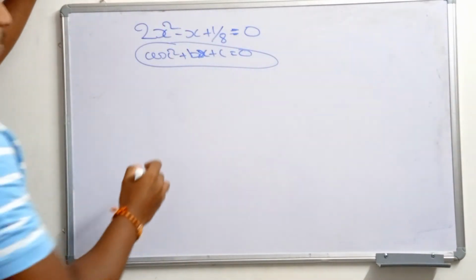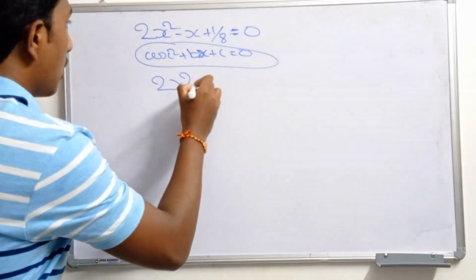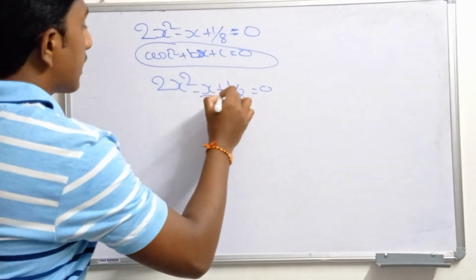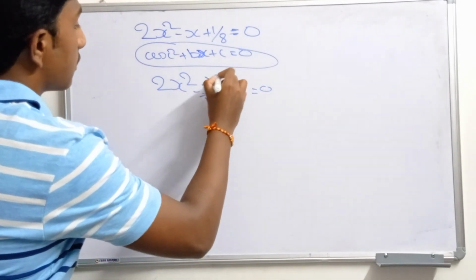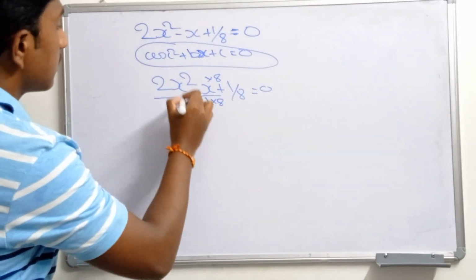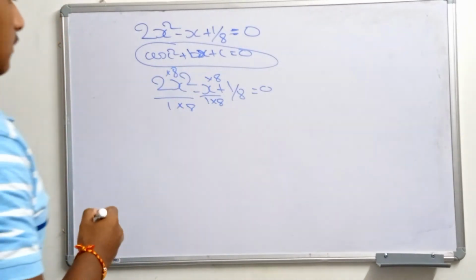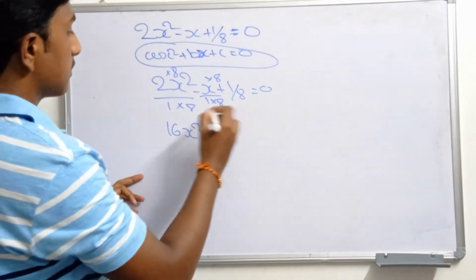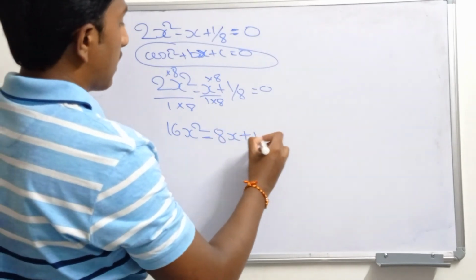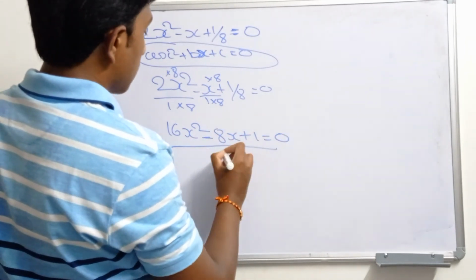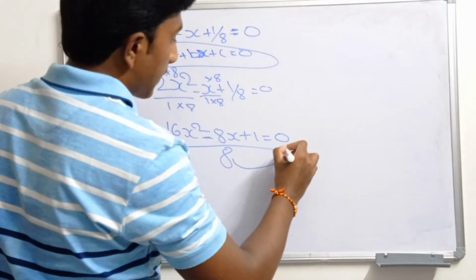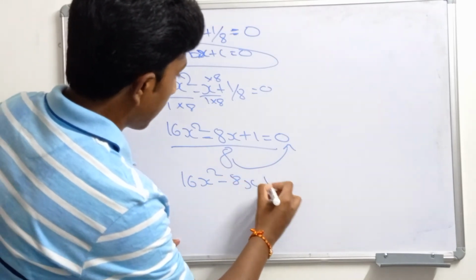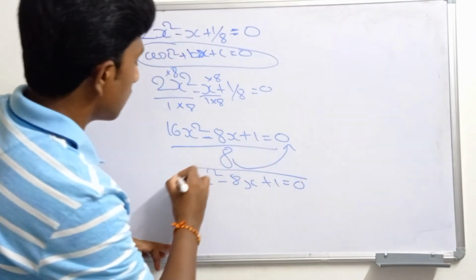Now shall we go with the LCM? 2x square minus x plus 1 by 8 is equal to 0. So we'll take 8 as common. 2x square into 8 is 16x square, minus 8x plus 1, by 8, is equal to 0, and this 8 is multiplied by 0. So 16x square minus 8x plus 1 is equal to 0.